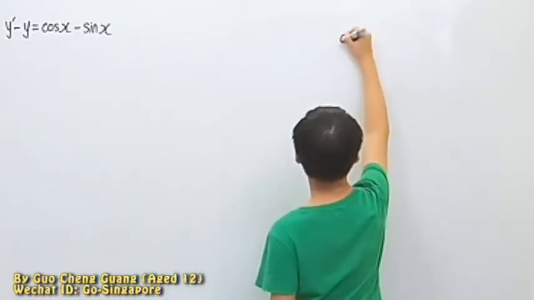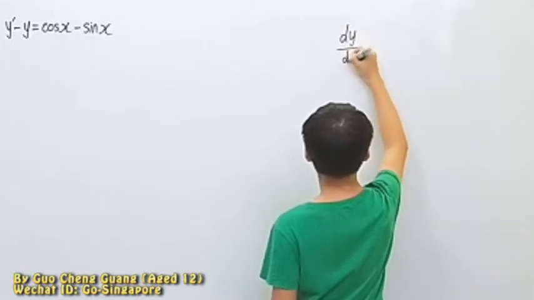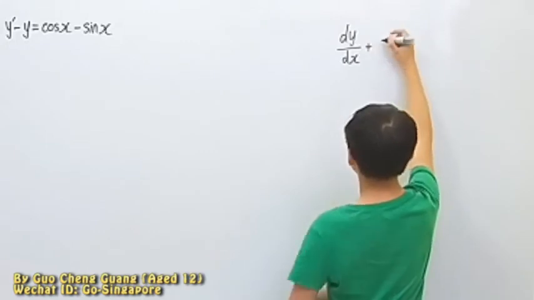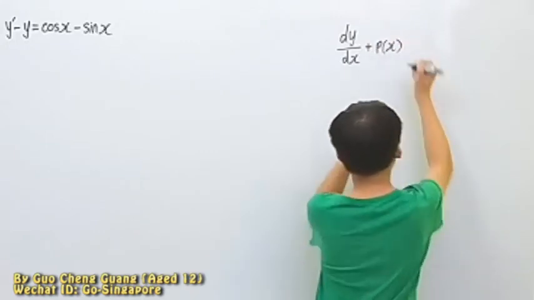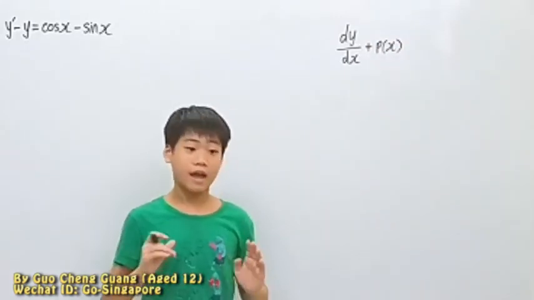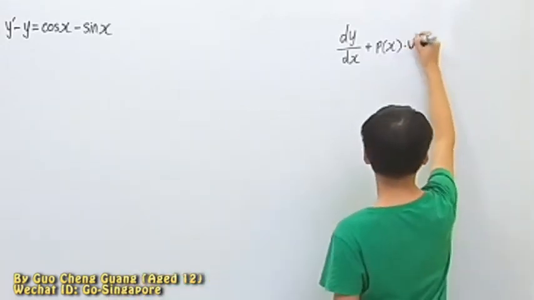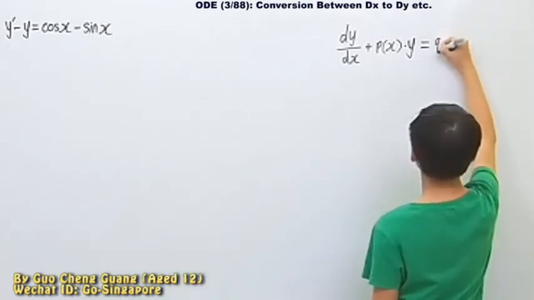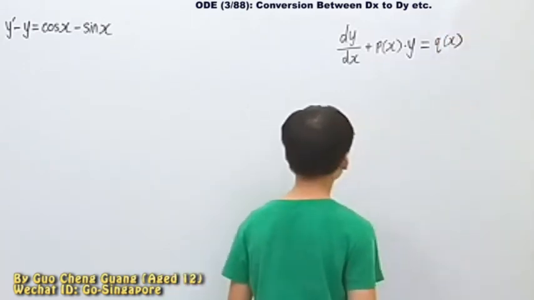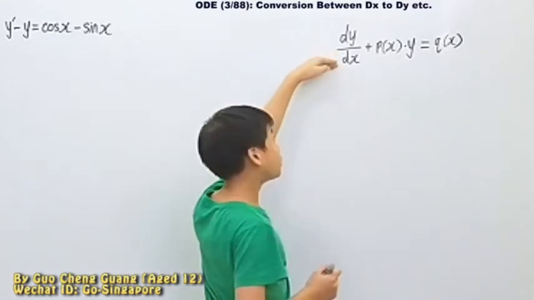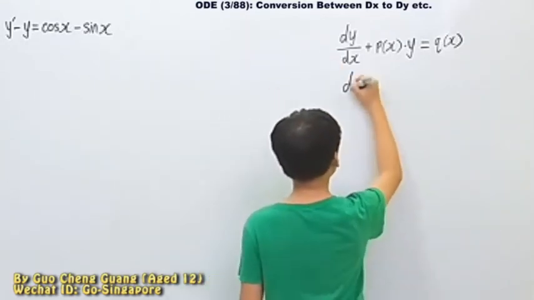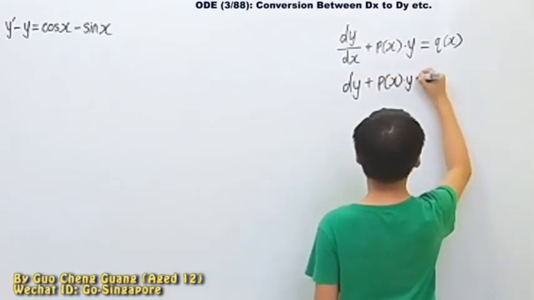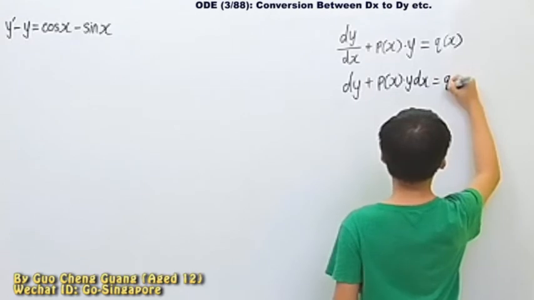So I'll write it down here. dy/dx plus p(x), a function of x, times y, is equal to q(x), another function of x. Or you can also not write this over dx. Another form you can write is like this. You just times dx on both sides.